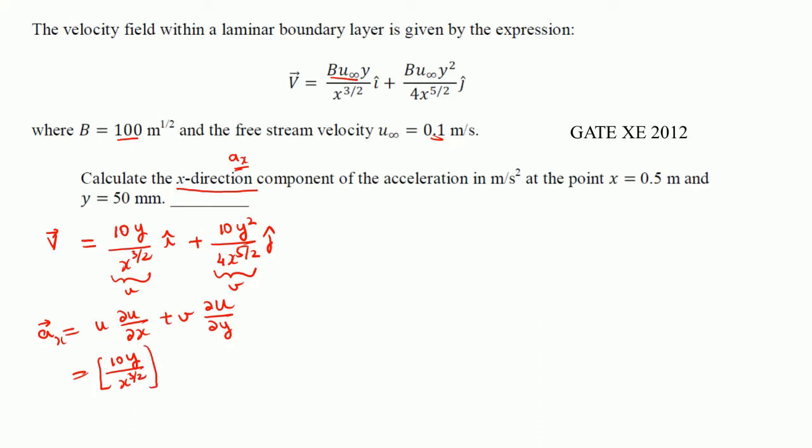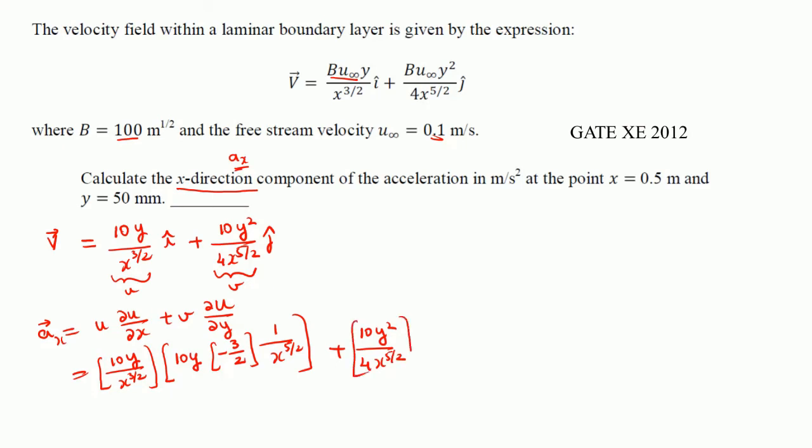What is dou u by dou x? Dou u by dou x can be given as 10y into minus 3 by 2 into 1 by x raised to 5 by 2. Correct? Plus, the other part: v is 10y square into 4x raised to 5 by 2.